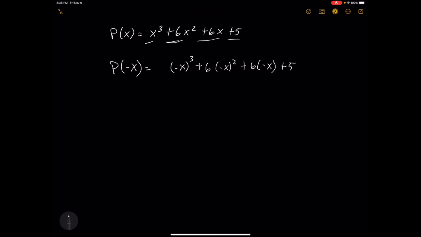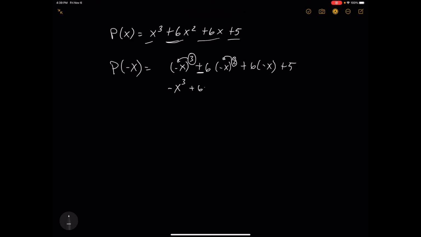Now with these, I know that any odd degree term is going to create a negative times a negative times a negative, which will be a negative number. So it's actually negative x cubed, okay? While even degree terms will make a negative times a negative, which means that the sign out front will not change, okay?